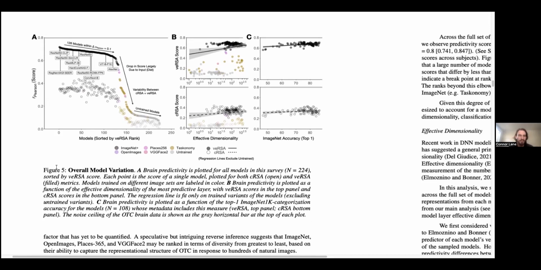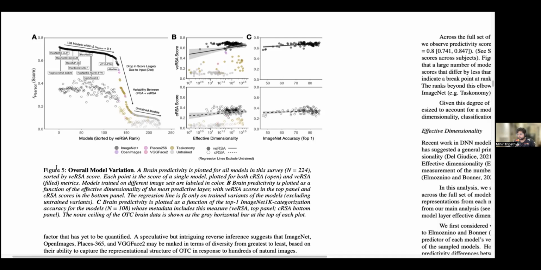And so the claim comes down to the steep drop that we see around the taxonomy models supporting the data set is important claim. These taxonomy models are just not very well trained, and the task is not very good. Or it actually correlates that the task does matter when determining brain predictivity.